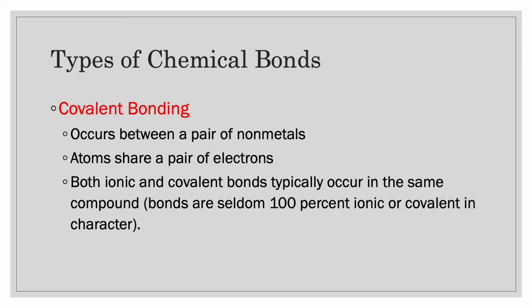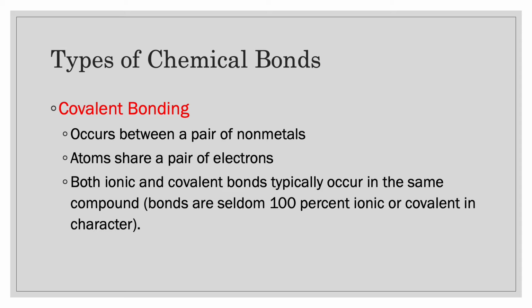Another important thing to note about covalent bonding versus ionic bonding is that in covalent bonding, atoms are sharing electrons rather than one atom taking electrons from another atom. In ionic bonding, covalent bonds are significantly stronger than ionic bonds because the atoms really don't want to be moved away from one another when they have to share a pair of electrons.